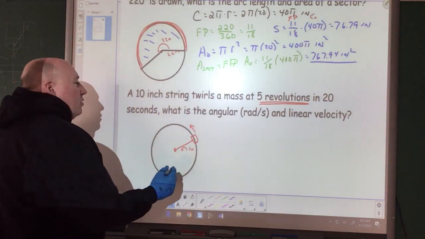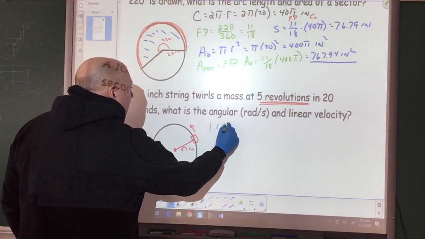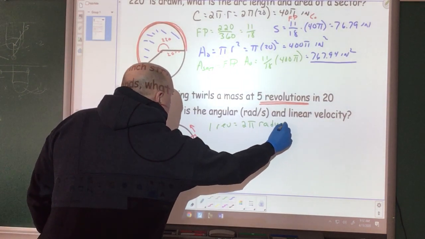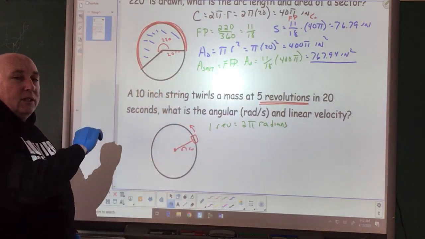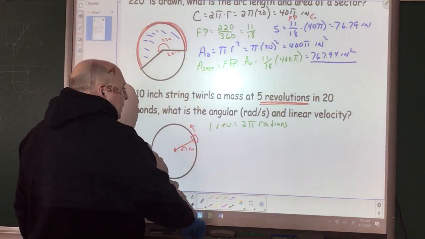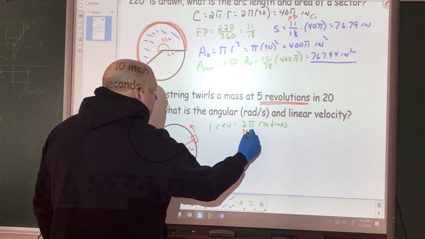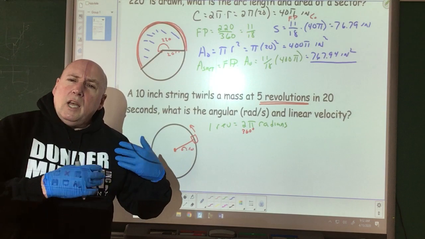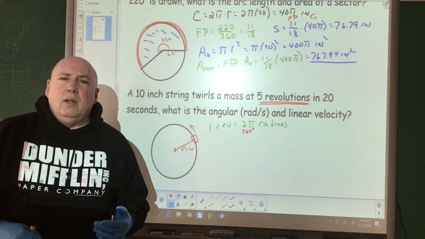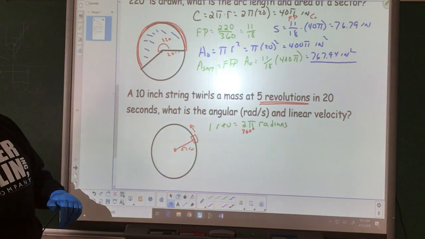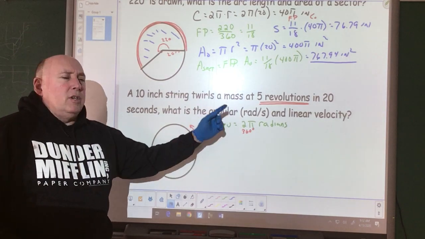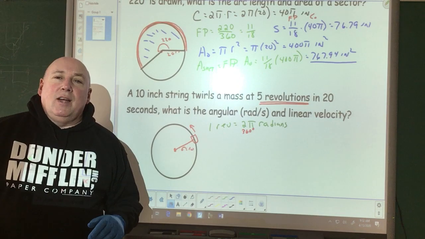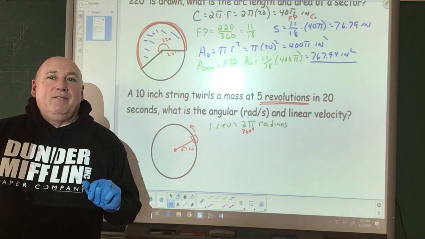Our 5 revolutions: 1 revolution is equal to 2 pi radians, which is 360 degrees. Once again, we have to deal with things in radians because degrees fall apart here. So if 1 revolution is 2 pi radians, how many radians would be 5 revolutions?